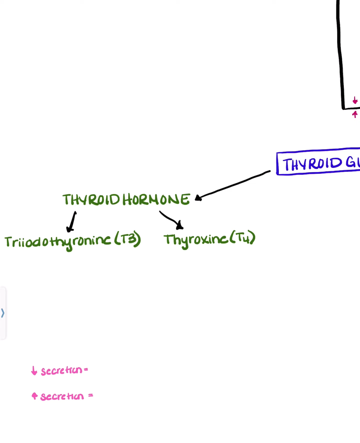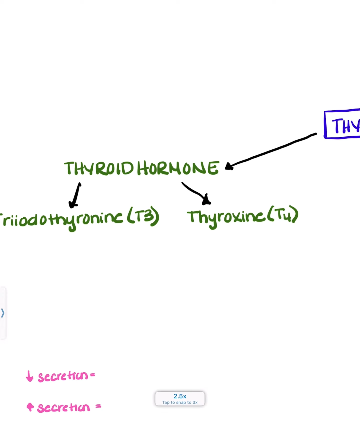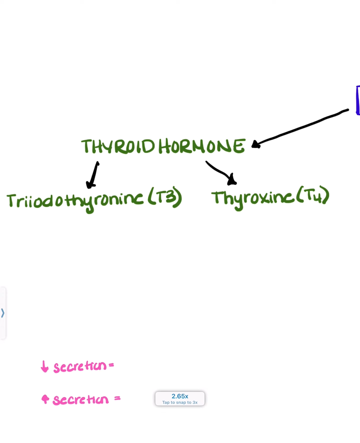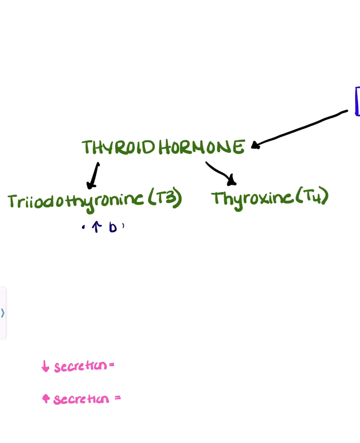So I'm going to talk about the functions of these collectively because they're pretty much the same, other than, like I told you, T3 is 10 times more active and binds tighter to the receptors, but ultimately their goal is the same. And one of the goals is going to be to increase the basal metabolic rate of whatever tissue they're binding to.